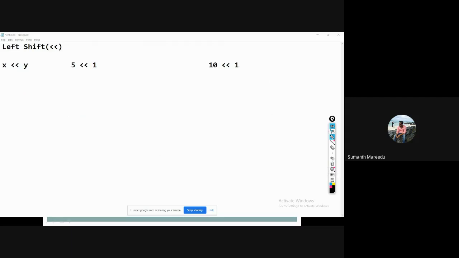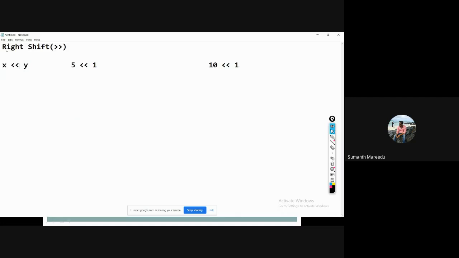So this is about the left shift operation. Now we'll see right shift. The right shift operation is represented with two greater than symbols.